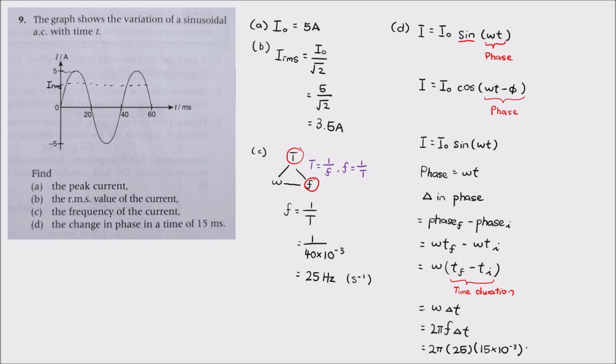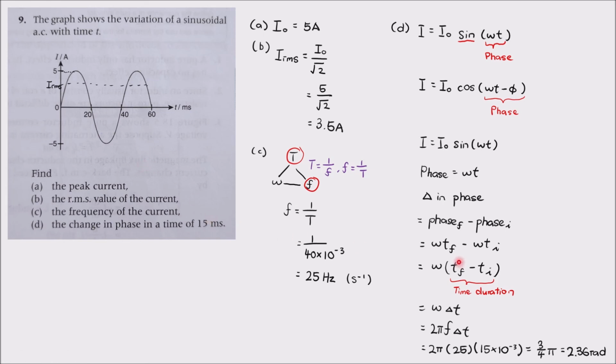So if you calculate everything, you should be able to get the answer of 3 over 4 pi, which is also equivalent to 2.36 radians. So this is how much phase has changed throughout this duration of 15 milliseconds.